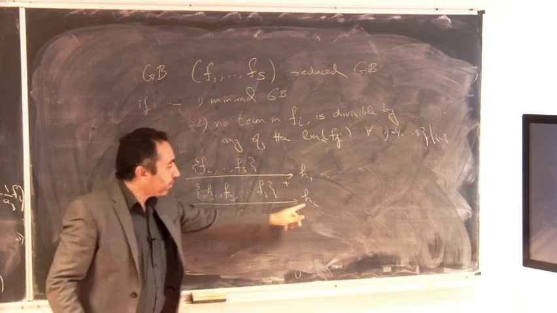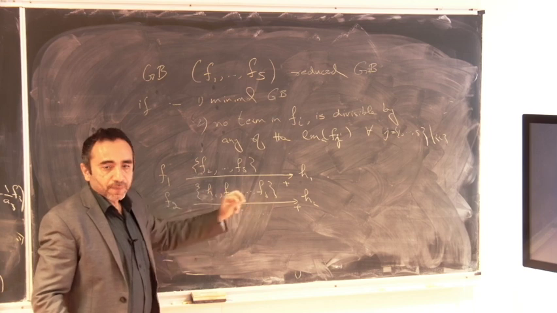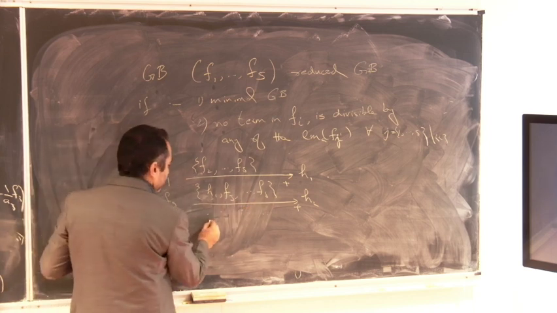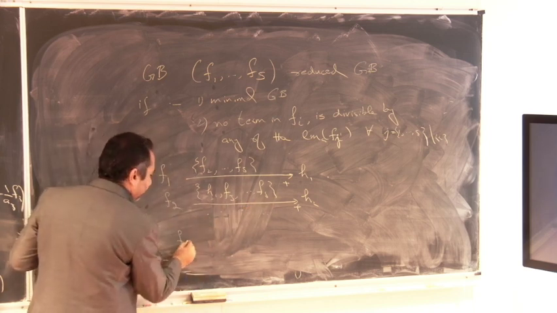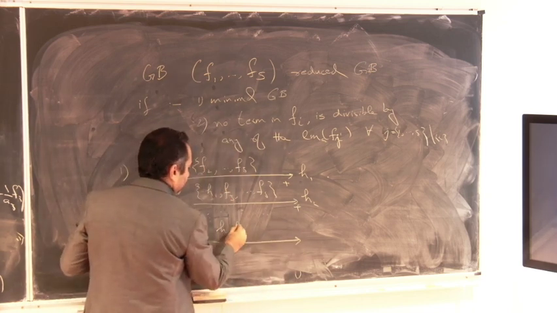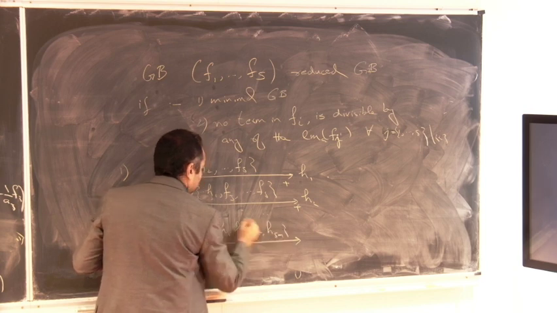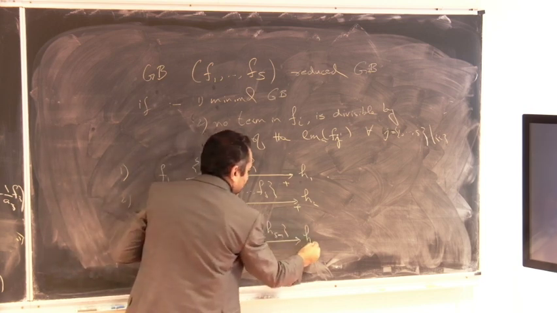Again, this h2 will not contain any term which is divisible by any of the leading monomial of this set. And this process will continue. And in the end, you have this fs, and you will divide it with h1, h2, so on, hs minus 1, and you get this hs.